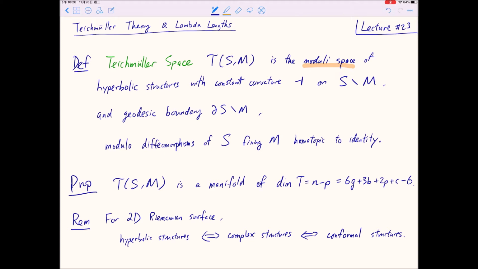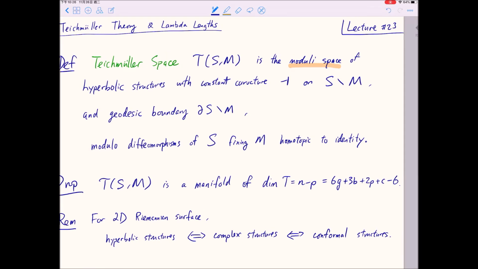So we have a surface and we want to describe its hyperbolic metric. One way to do this, as we mentioned before, is to look at it in terms of a quotient of the hyperbolic unit disk, or equivalently the upper half plane, which admits a natural hyperbolic structure.